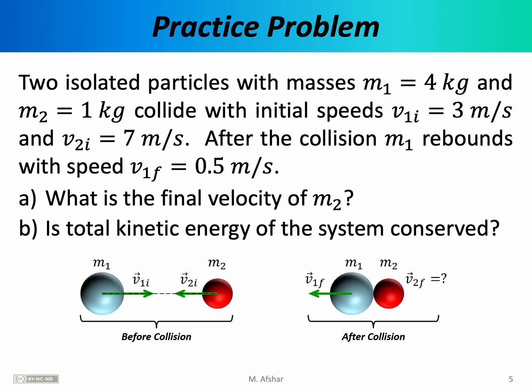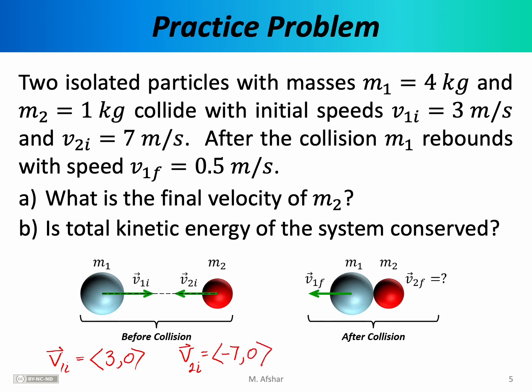In particular, we need to notice that when we write down v1i, the vector, we should write it as +3, 0, indicating that its x velocity is 3 and its y velocity is 0. And when we talk about the initial velocity of 2, we should be very careful to write it as -7, 0.